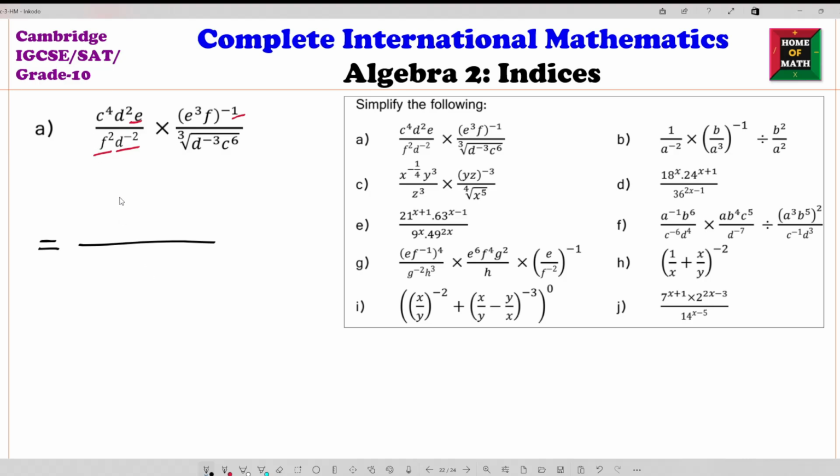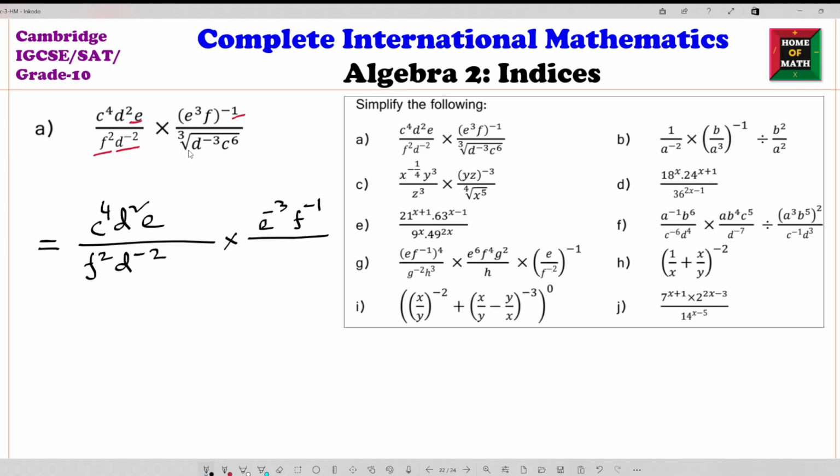So the first fraction we will not do anything with at this moment: c to the power 4 d square e, and here f square d to the power minus 2, times here e to the power 3, and f to the power minus 1.